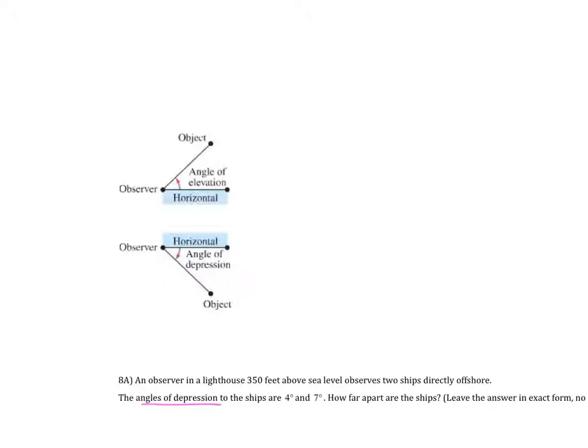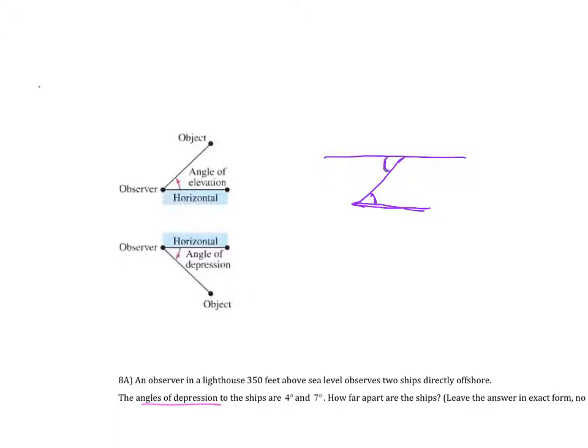Now, before we go even further, we could draw a different triangle if we know some of our geometry. If this is an angle of elevation here, and this is the horizontal, and we have another horizontal here, let's say these are parallel lines. Remember that alternate interior angles are congruent.